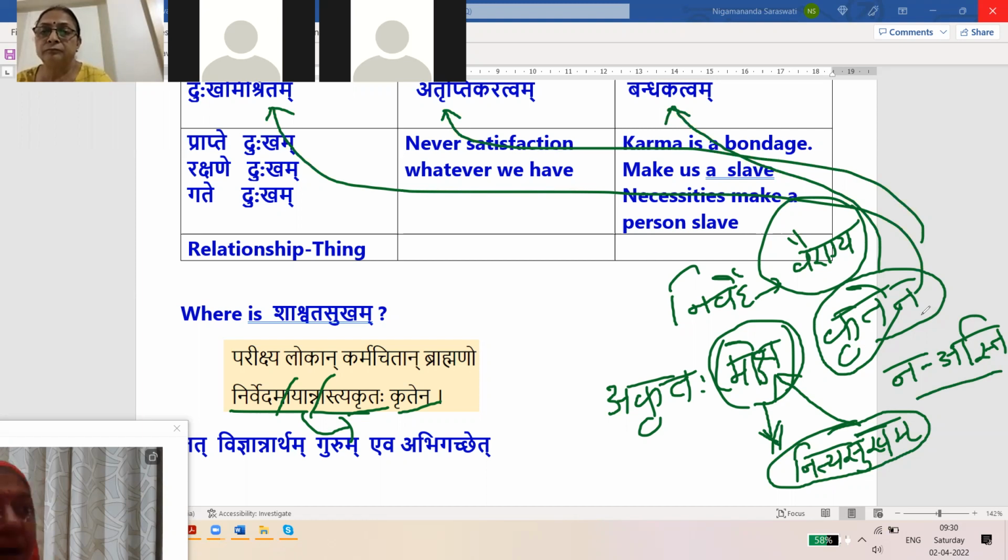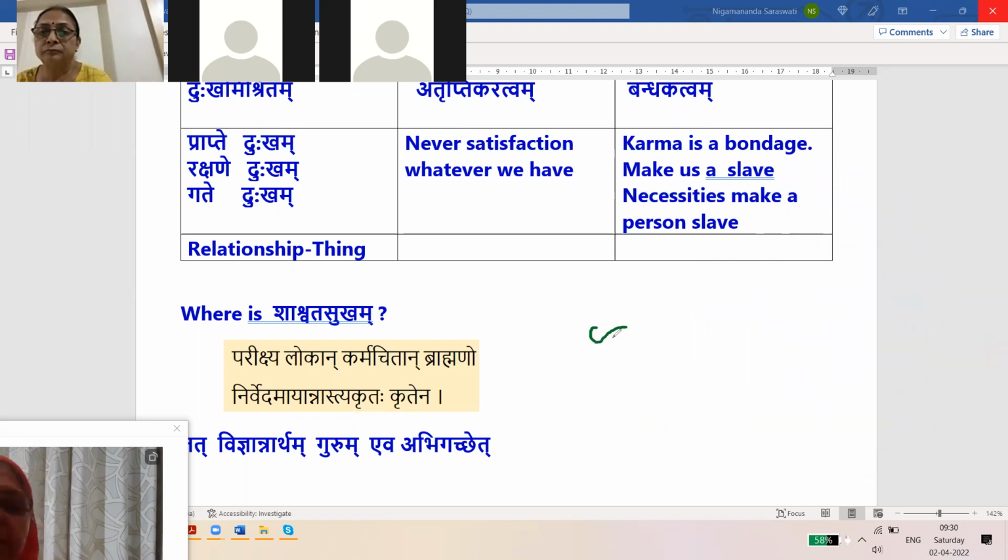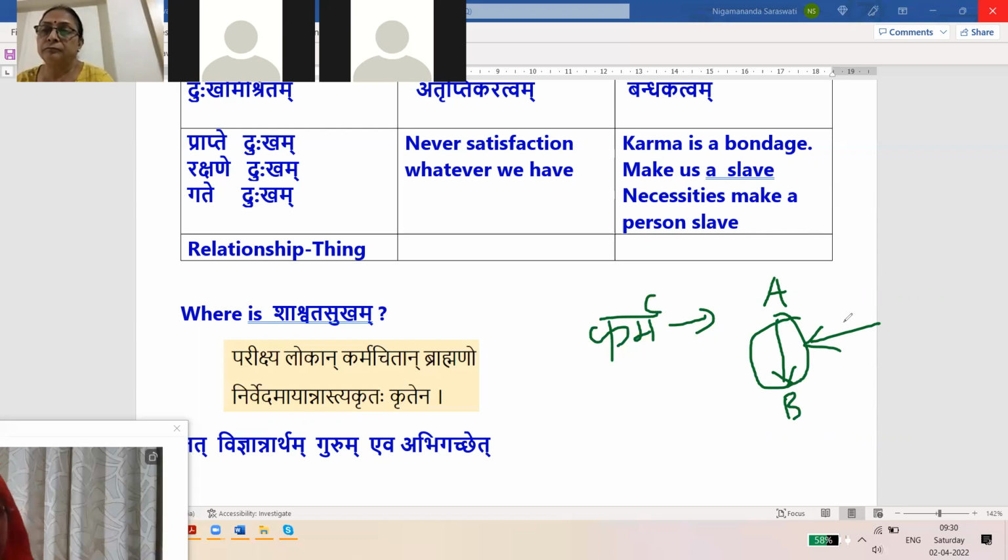People may think, why? One should have a why. The answer is any karma we perform starts at the time of A, we keep on doing, but it has a limitation. So it may end at some time, maybe at the time of B. So the period in which we are doing the karma is small, and the result will be small only.